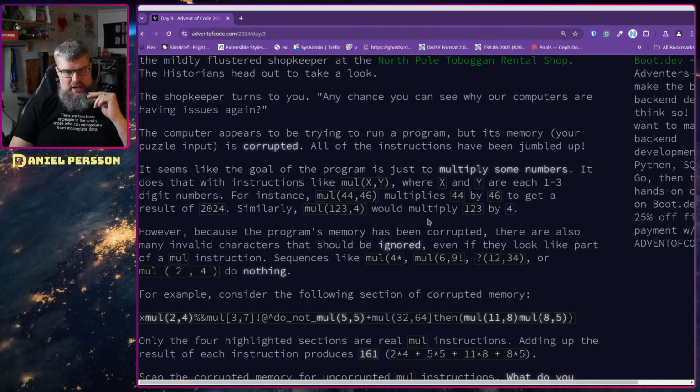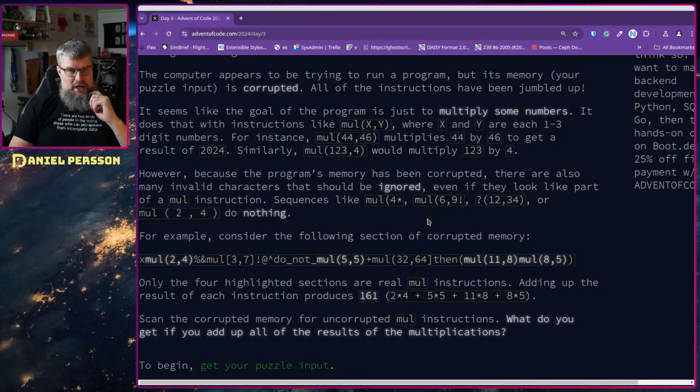For instance, mul(44,46) multiplies 44 by 46 and gets a result of 2024. Similarly, mul(123,4) multiplies 123 by 4.